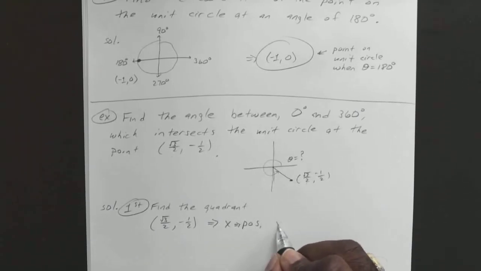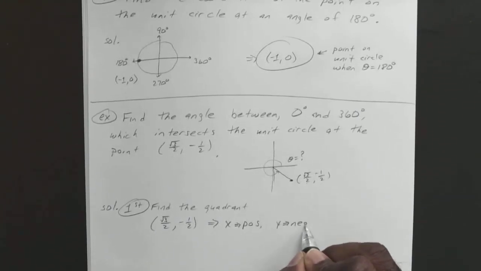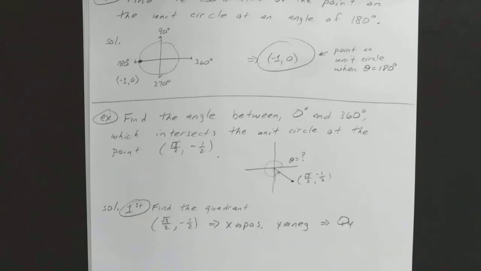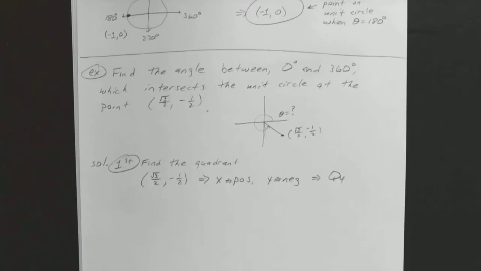X is positive, y is negative. So that means it has to be in quadrant 4. Now, if you had x negative and y negative, it would have been in quadrant 3. If you had x negative and y positive, it would have been in quadrant 2.